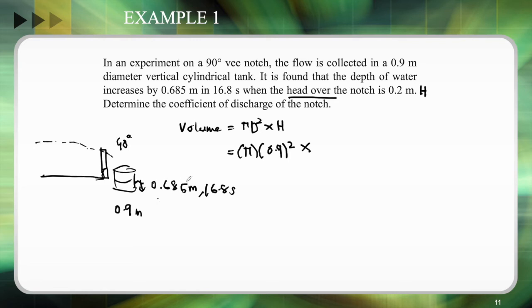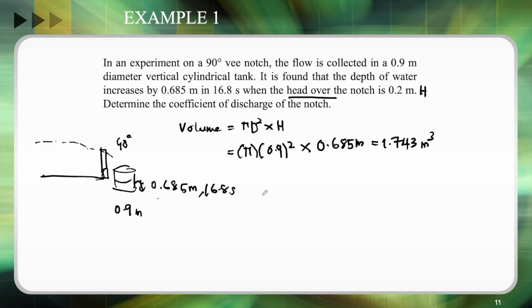The height of the water inside the tank is 0.685 meter. So the volume of the water inside the tank is 1.743 cubic meters.